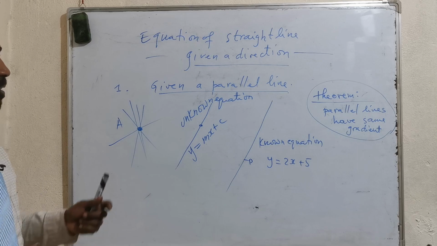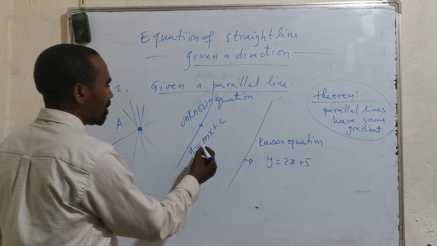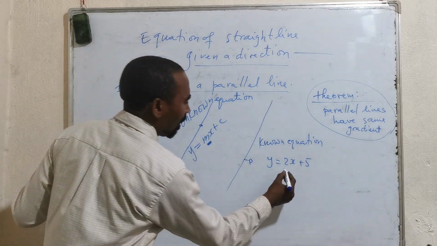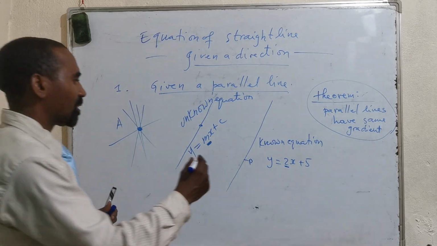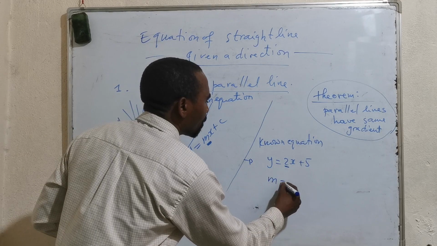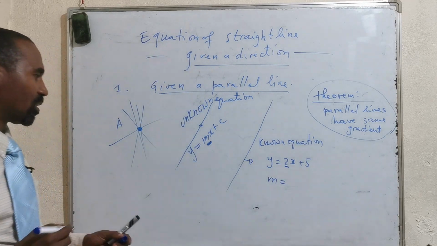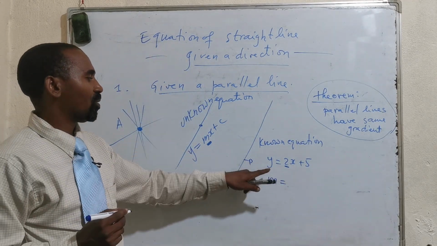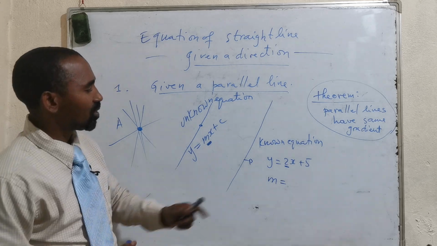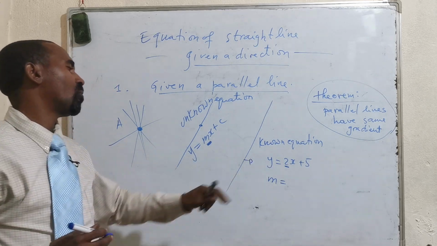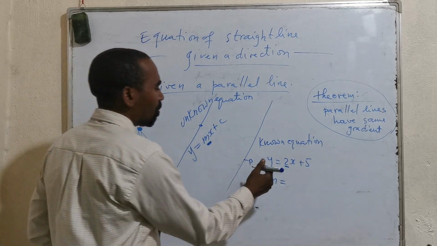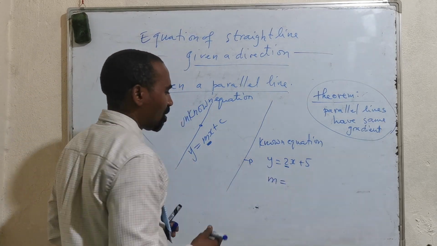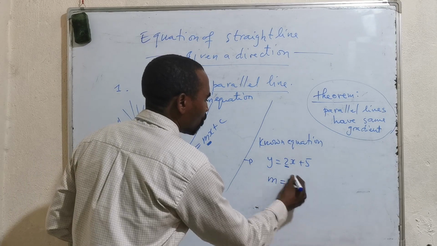Whenever you see that the lines are parallel, remember they have the same gradient. There is a known gradient from the known equation. Remember, the gradient is the coefficient of x when y is the subject, when the coefficient of y is 1, or when y is expressed in terms of x. Here the coefficient of y is 1, so the gradient is 2.